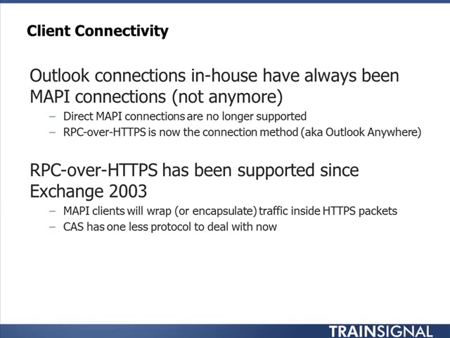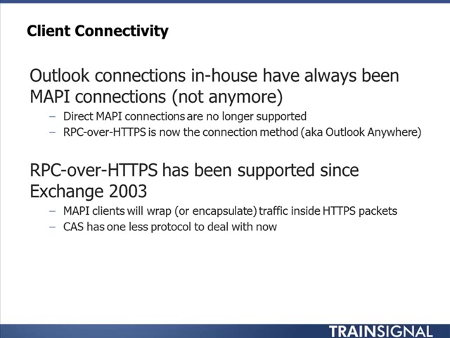Now, RPC over HTTPS or Outlook Anywhere has been supported since Exchange 2003. But you might think about this and say, yes, I've worked with this, and it has been supported, but the only purpose was to allow for an Outlook client that was outside of the organization to connect directly into Exchange without having to go through a VPN. Well, that's all well and good.